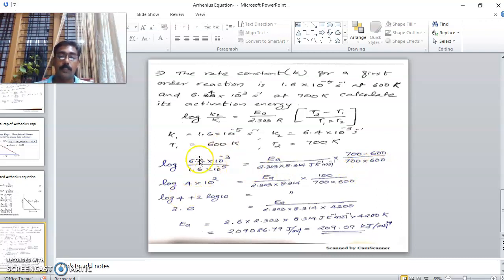Now, upon solving this, we will get log of 4 into 10 raised to 2, which is equal to the same value as above.